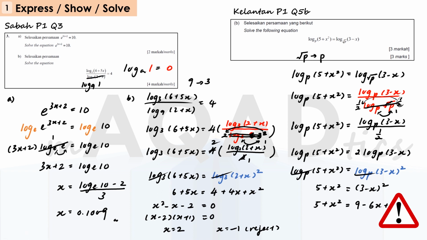So you can imagine this one is 0 already, which is undefined, which means there is no answer, right? So we need to reject x equals -1. So the answer will be 2. Right, and for the Kelantan one, this would be much more straightforward. If you simplify it, you will be left with x equals 2 over 3, because the x to the power of 2 here will be crossed off.